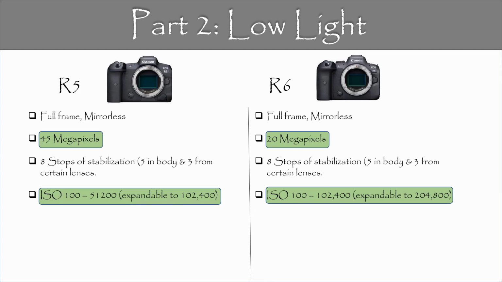Now the fact that the R5 has 45 megapixels over the R6's 20 megapixels doesn't necessarily make it a better camera. Yes, for wildlife photography it does have the advantage that you are going to be able to crop in further into your images in post compared with the R6, because it has more megapixels.